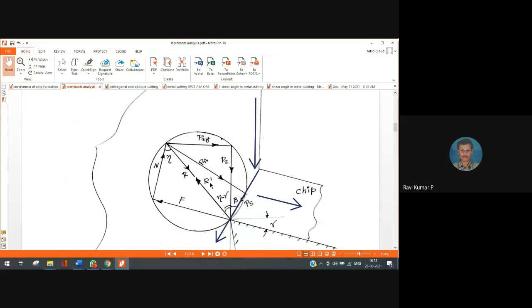Now let me talk about this PZ and PXY. What are these? PZ is the cutting force because of the rotation of the workpiece, and Pxy is the resultant of the feed and thrust force.